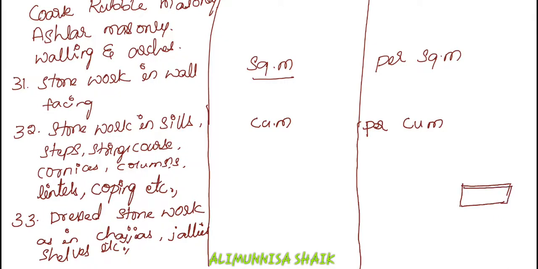Dressed stone will be having a uniform, properly dressed shape. An irregular shape is called undressed. When it has a regular shape and a proper length, breadth and width, which is what we expect, this is called regular or dressed stone.